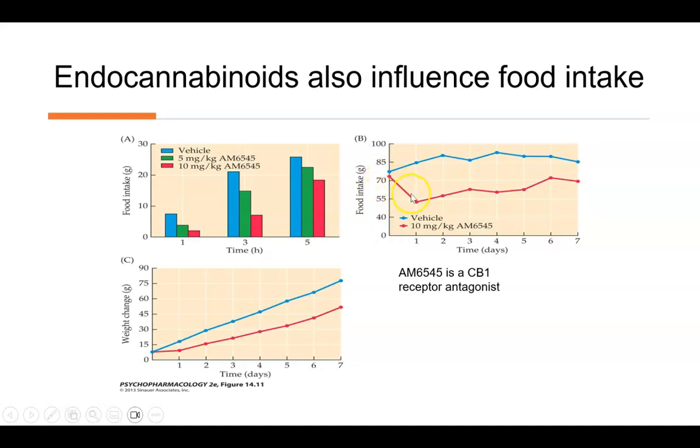As a result, we have a very stable reduction of food intake during that period. You can also see the weight change. Here's the group with the vehicle. Here's the group that is not getting those endocannabinoids because of the application of this antagonist. So it does seem like activation of the CB1 receptor may enhance food intake. When that receptor is blocked, food intake reduces.